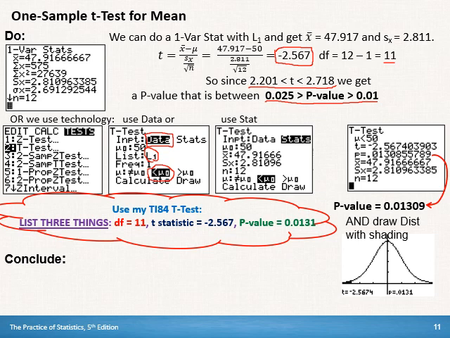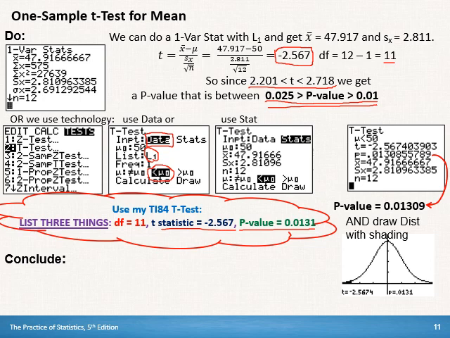Okay. Remember, too, that on your paper, regardless of what method you use, you need to give me three things. You need to give me the degrees of freedom, the t-statistic, and the p-value. If you're using your calculator, it will give you an actual value, but if you're using the table, it's going to be a range of values, but you need to give me those.